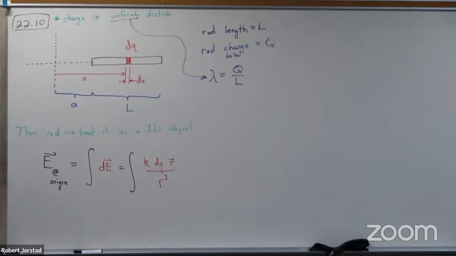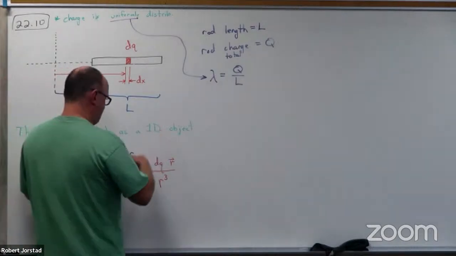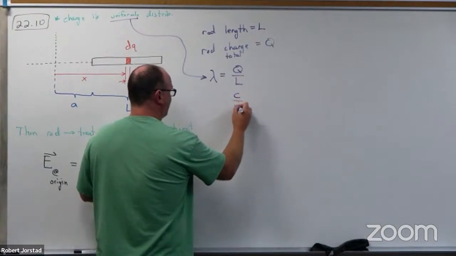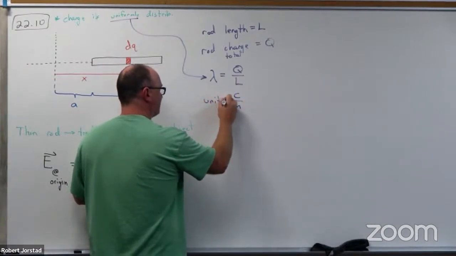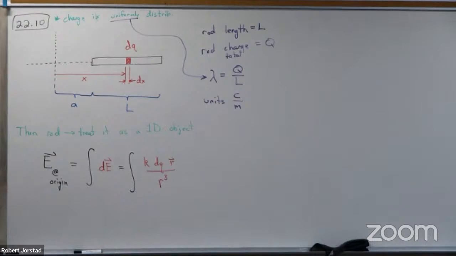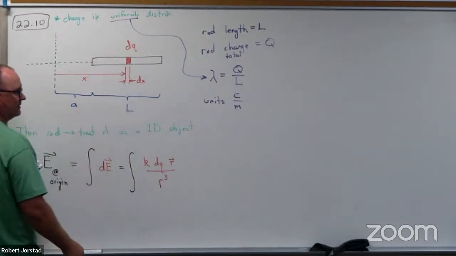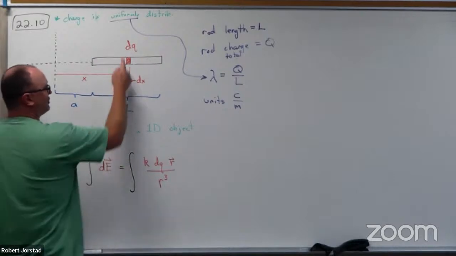Okay. Well, I know this has units of coulombs per meter. So if I simply multiply that by the amount of meters of my particular dq, I would get the amount of charge here.